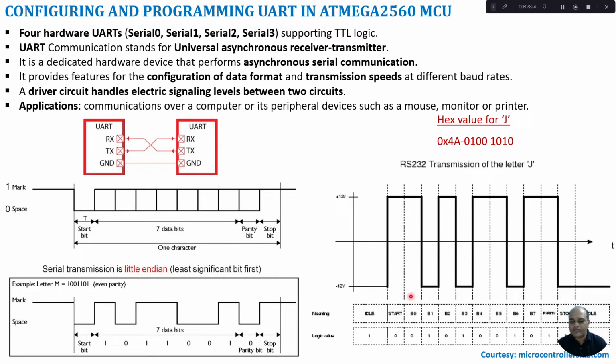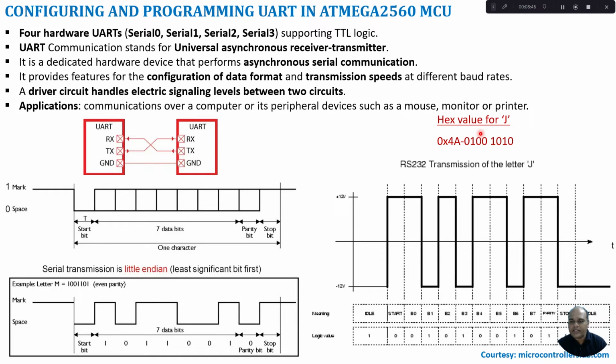Then comes your LSB part, which is B0. B0 is 0, so 0 means it is plus 12 volt. Then comes your 1. 1 means minus 12 volt. Like that the data goes on till B7. After B7, if I count the number of ones here, we have only 3 ones, so it's an odd parity.